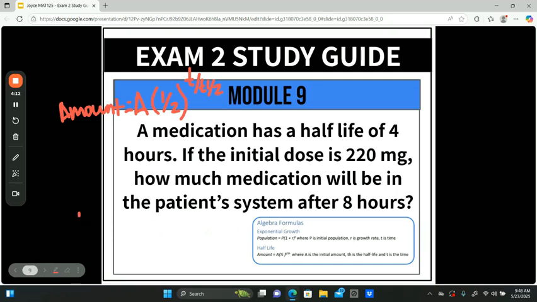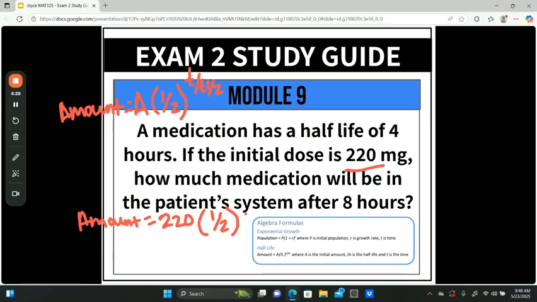We've got the amount, that's what we don't know, equals the starting amount, which is going to be 220 milligrams, times 1/2, to the time, which is going to be 8 hours, divided by the half-life, which is 4.